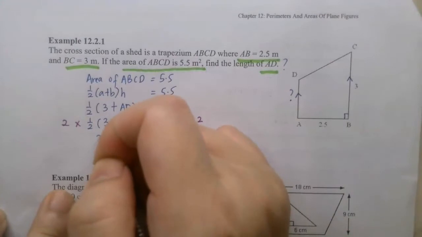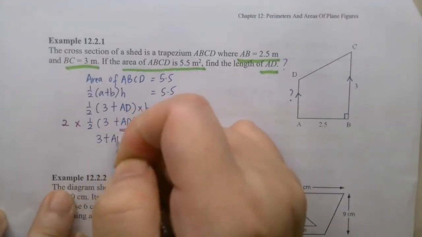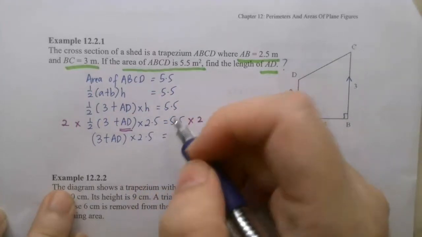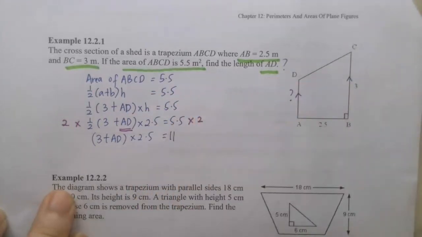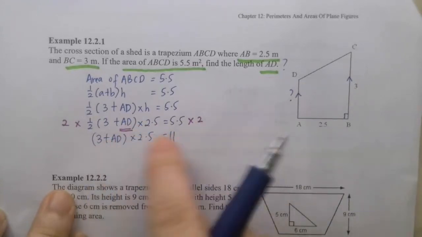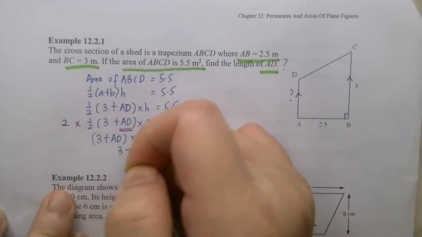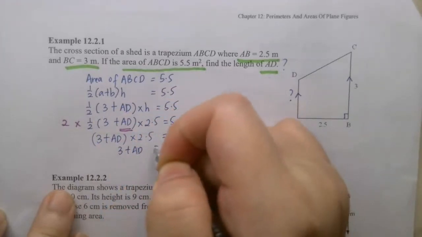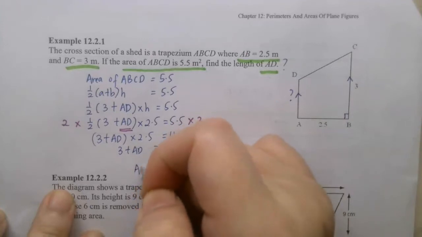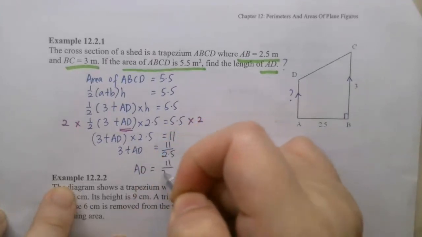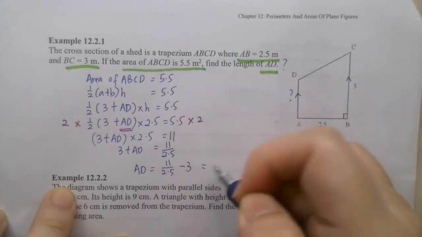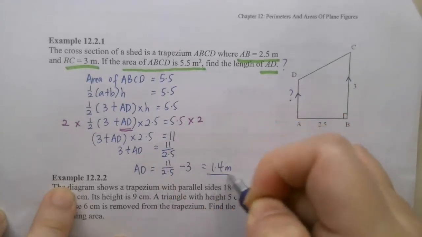So we will get (3 plus AD) times 2.5 is equal to 11. Now, how do we get rid of the 2.5? We divide both sides by 2.5. So 3 plus AD is equal to 11 divided by 2.5. And lastly, AD is 11 over 2.5 minus 3, and you will get 1.4 meters.